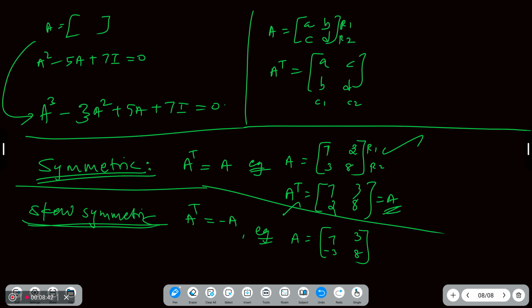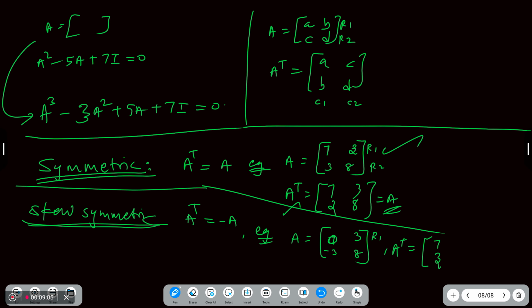This is my A matrix. Now, when you apply A transpose, what am I getting? Row 1, I am going to write as column 1: 7, 3. Just a minute. Here we need a minus A.